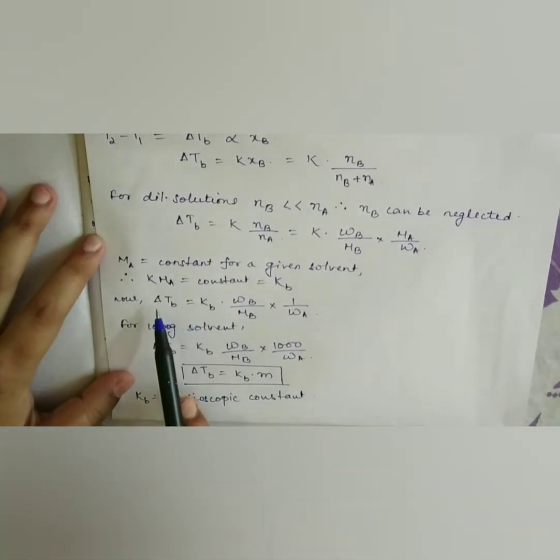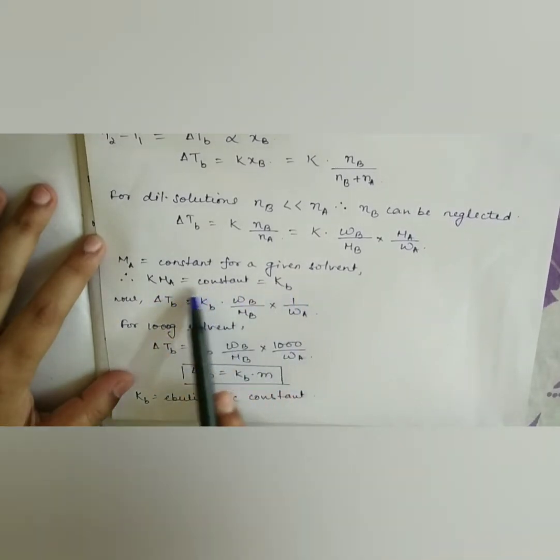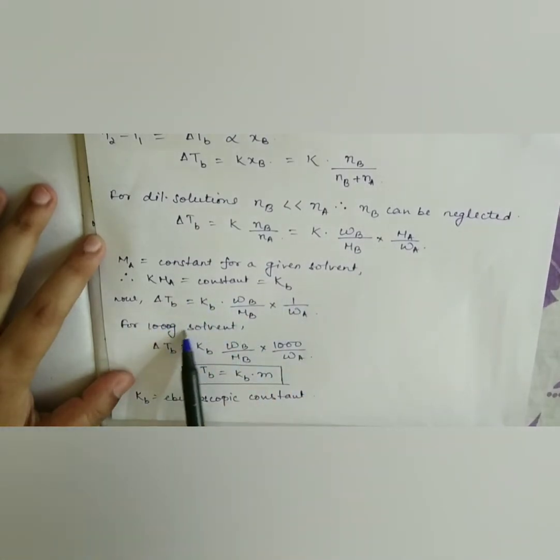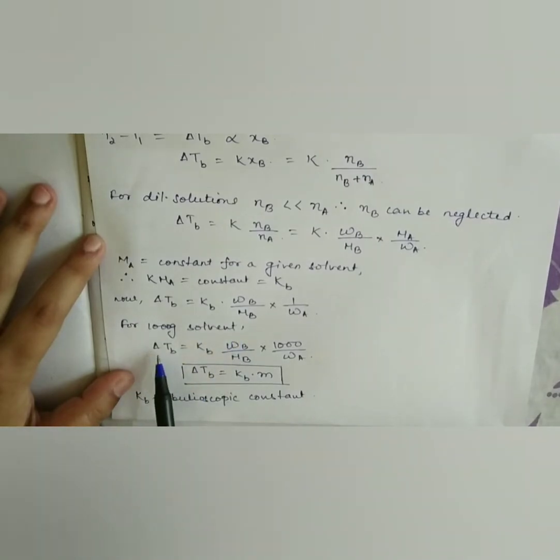Now delta TB can be written as Kb into WB by MB into 1 by WA. Now this equation, if you see, is for 1 gram of the solvent. So if we want the same equation for 1000 grams of the solvent, then we can write delta TB is equal to Kb into WB by MB into 1000 by WA.